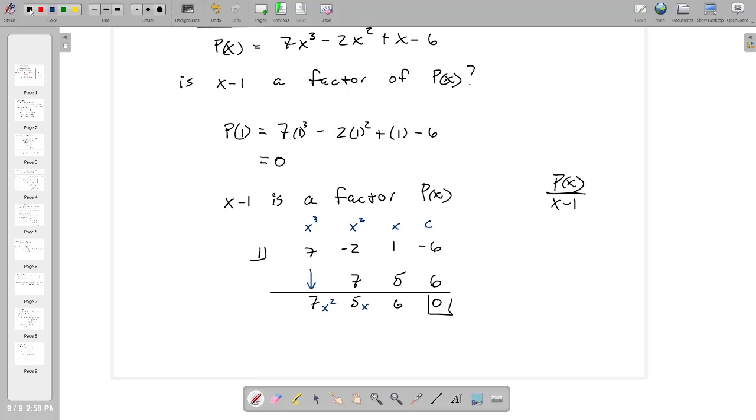So if we divide p of x by x minus 1, we get this polynomial here, which means then that p of x is equal to 7x squared plus 5x plus 6 times x minus 1. And that's it. So we can rewrite this entire polynomial in a factored form.